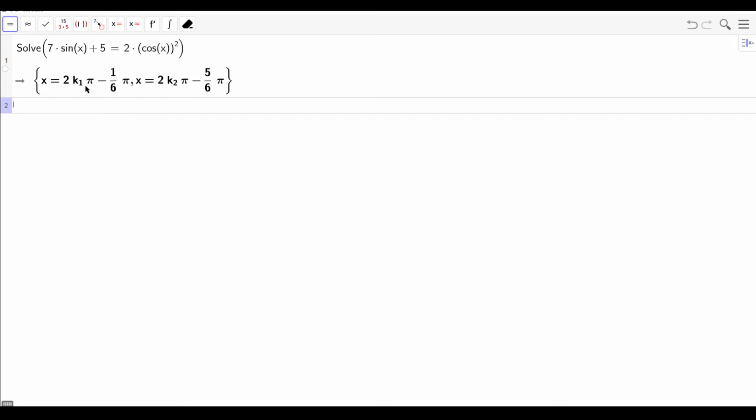And then can you tell me what is minus 1 over 6 pi? Pi is 180, and then you divide by 6, which becomes negative 30. And that is the negative 30 we got there. Yes, do you remember? Negative 30. And then the other one is also 360 degrees multiplied by another number.